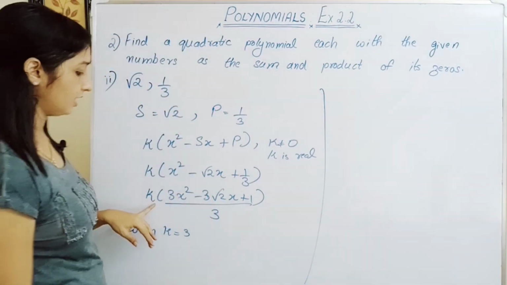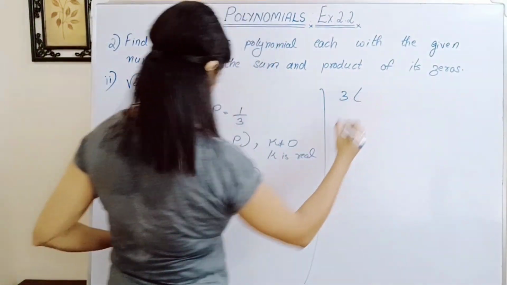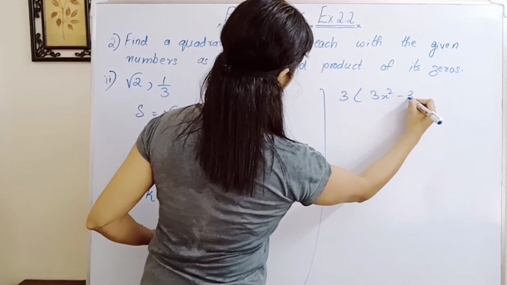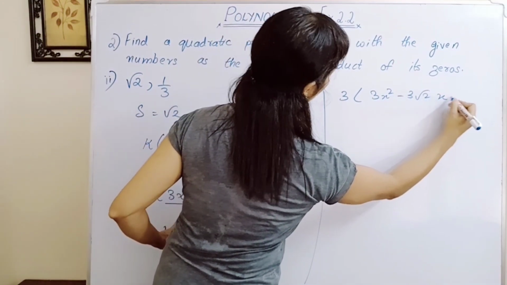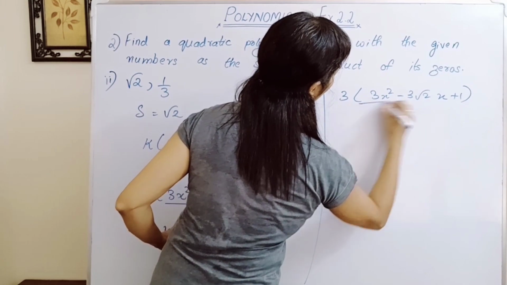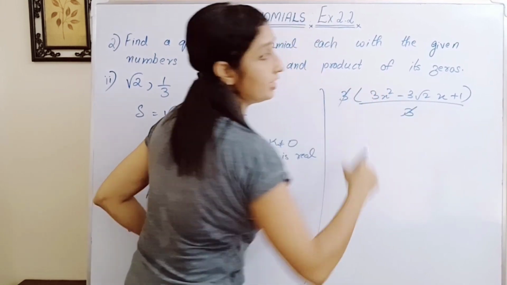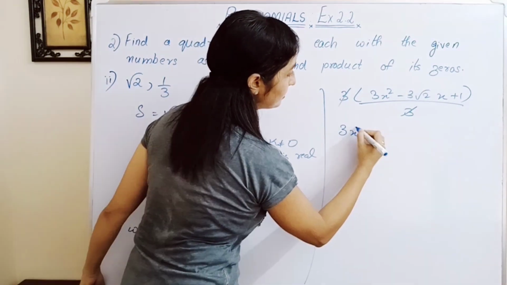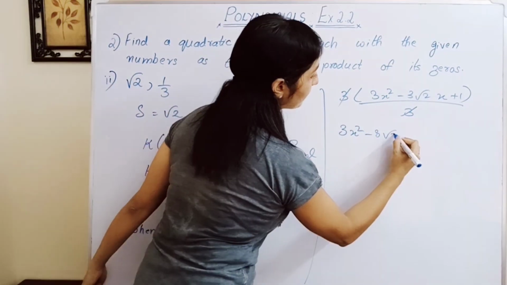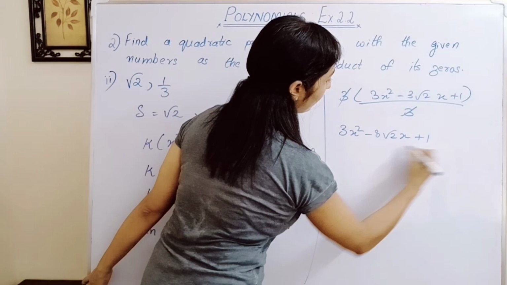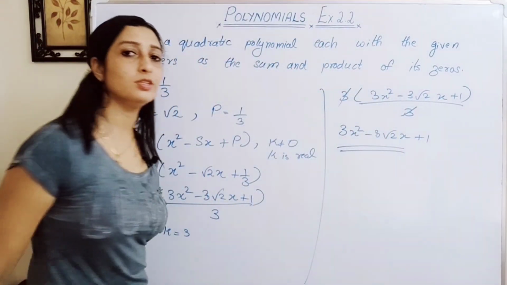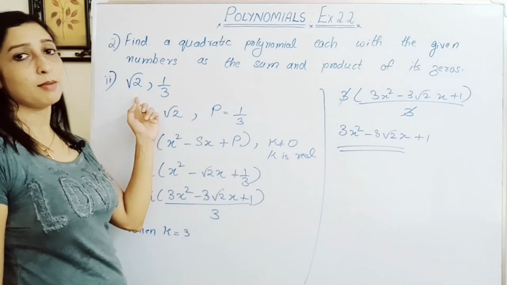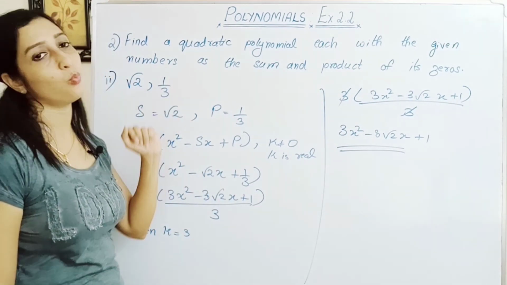You get 3 into 3x square minus 3 root 2x plus 1 by 3. 3 and 3 get cancelled. So what do I get the polynomial as? 3x square minus 3 root 2x plus 1. So this is our required quadratic polynomial when the sum is root 2 and product is 1 by 3.